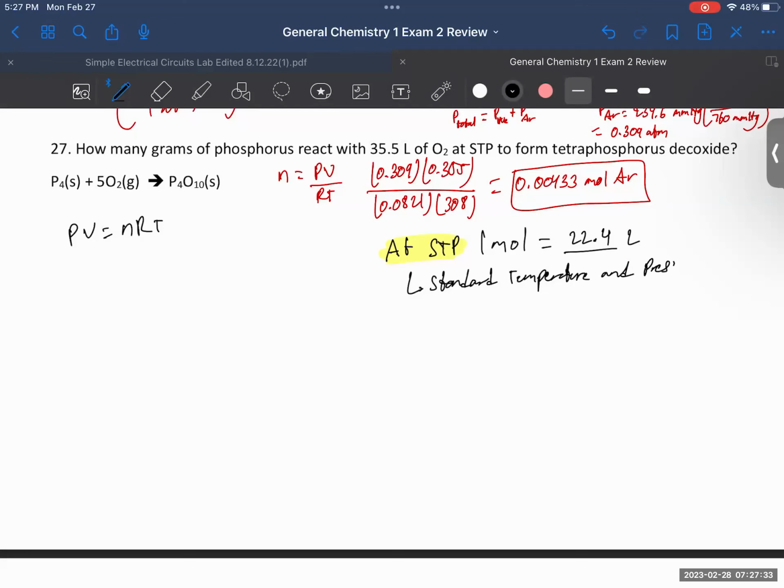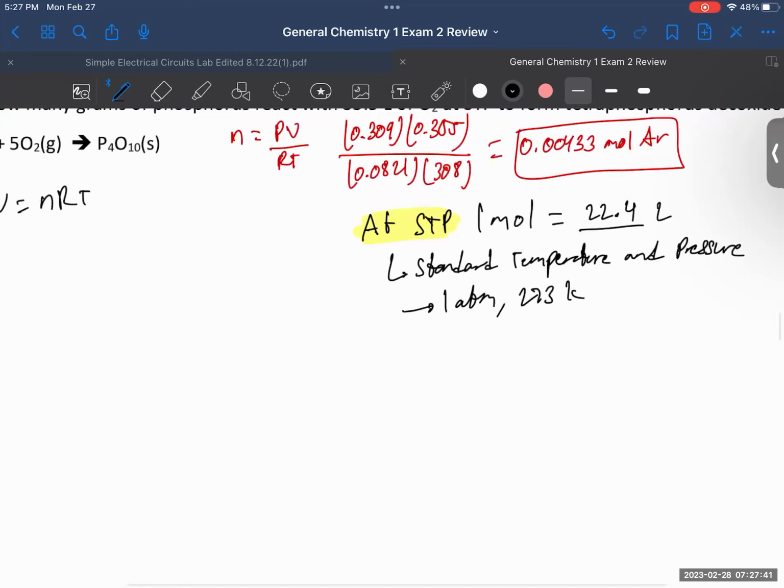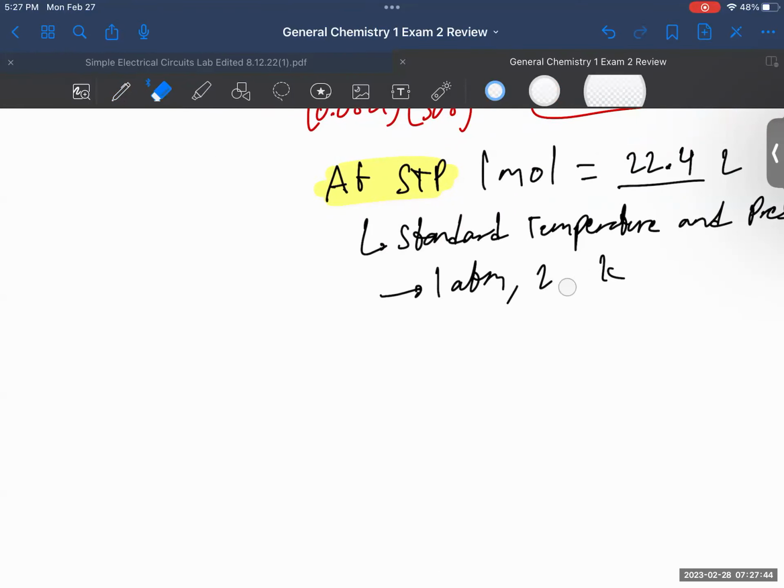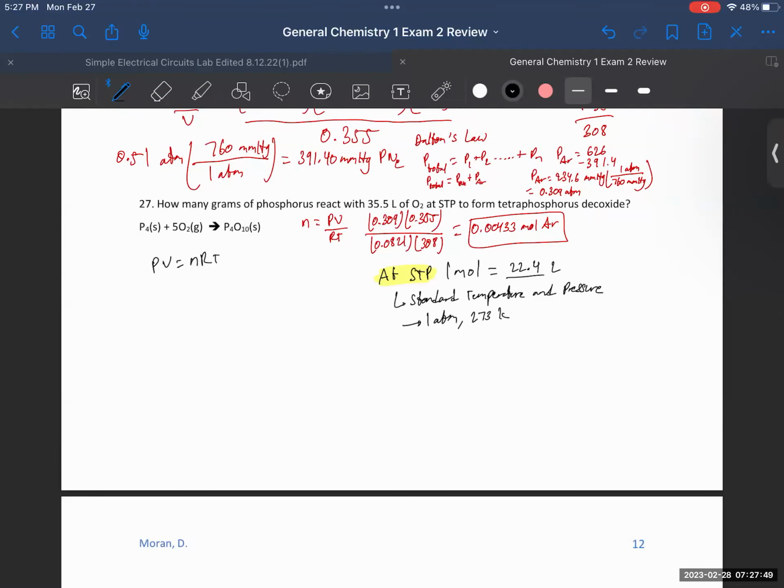So that is basically 1 atmosphere and 273 Kelvin. And yeah, Daniel, you pretty much beat me to it. I was going to solve out all the equation stuff. But basically you plug in for 1 mole to solve for volume. So pressure is 1 atmosphere, volume is what you're trying to solve for, your number of moles is 1, your R is 0.0821, and your temperature is 273. So if you solve for the volume, it's about 22 liters. That's where that comes from.